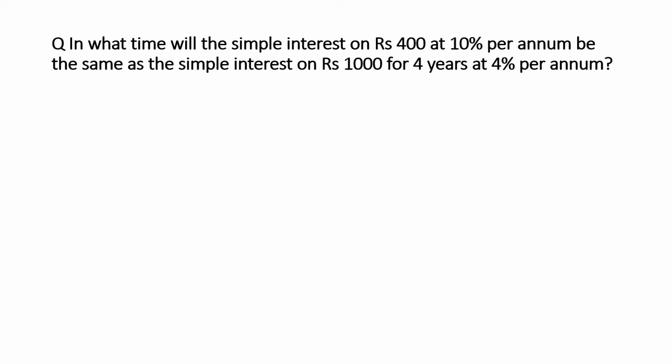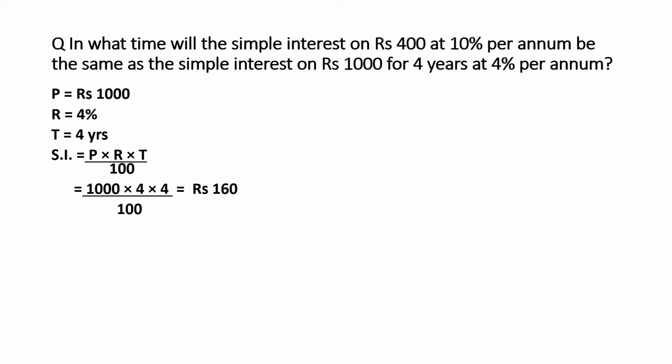So from there we can calculate simple interest. Simple interest is P into R into T by 100: 1000 into 4 into 4 by 100. 100 cancels off here, and what is left is rupees 160.